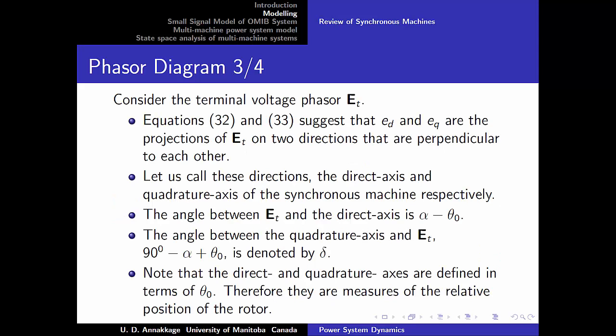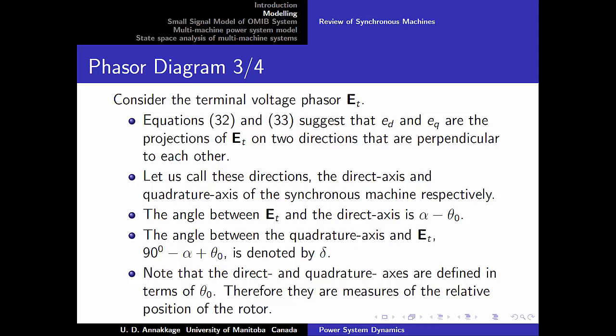Now consider the terminal voltage phasor ET. The last two equations in the previous slide, equations 32 and 33, suggest that ED and EQ are the projections of ET on two directions that are perpendicular to each other. Let us call these directions the direct axis and quadrature axis of synchronous machines respectively.